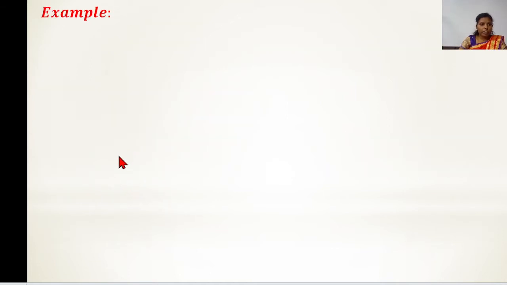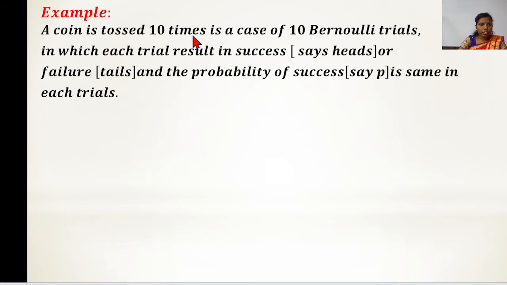Next, let us see an example. A coin tossed 10 times is a case of 10 Bernoulli trials in which each trial results in success, say heads, or failure, tails, and the probability of success, say p, is the same in each trial. That is, p is equal to 1 by 2, means that the probability of success is 1 by 2.